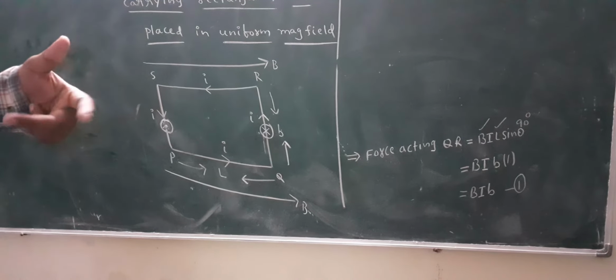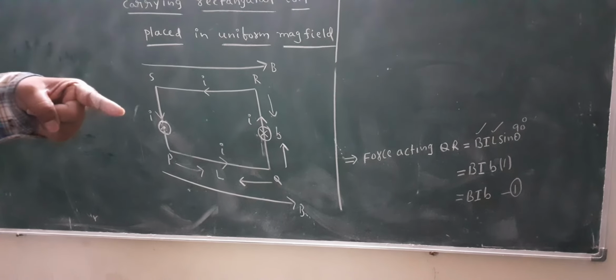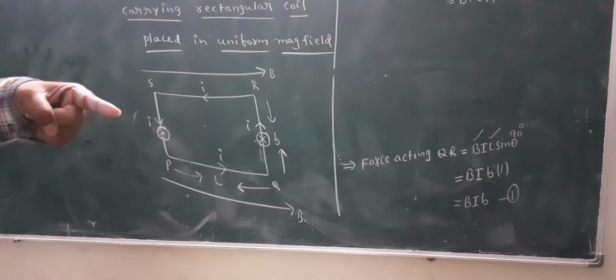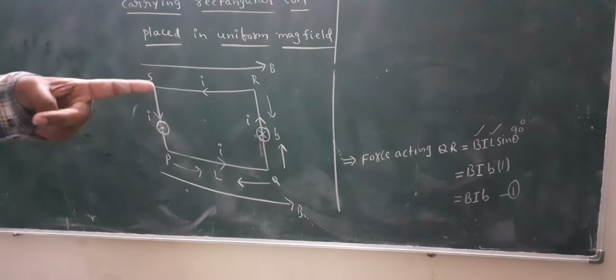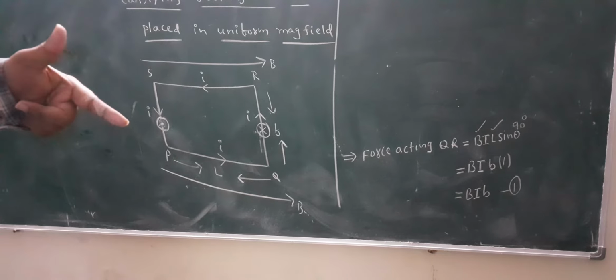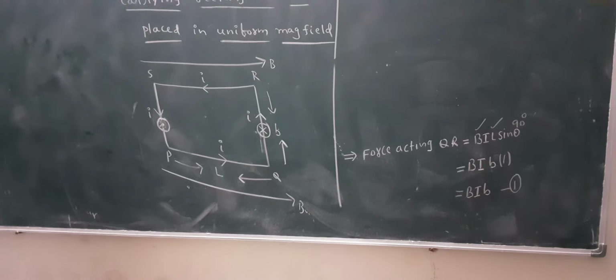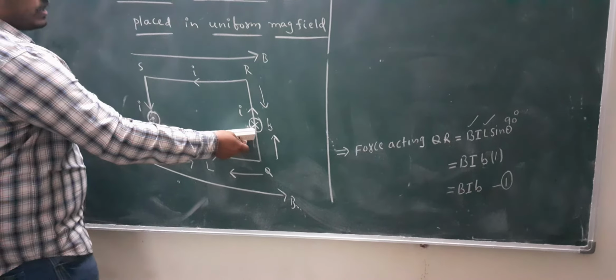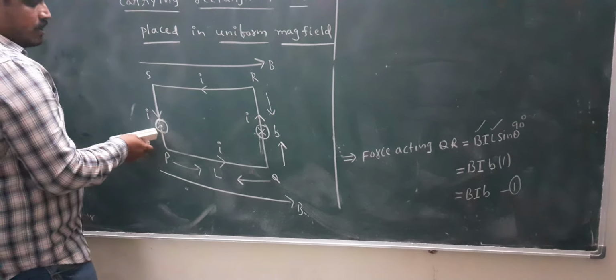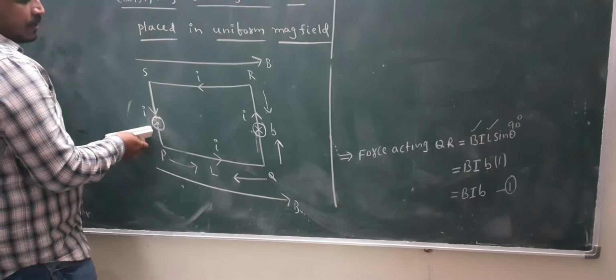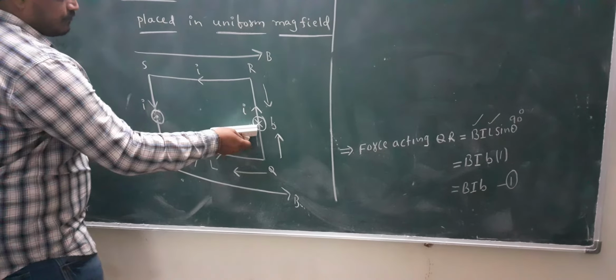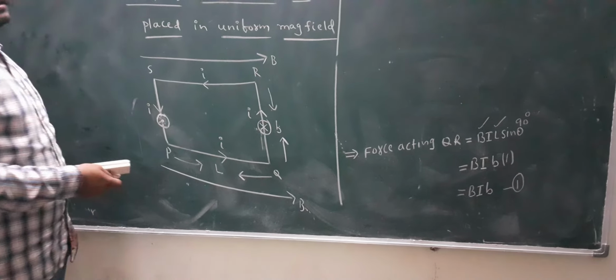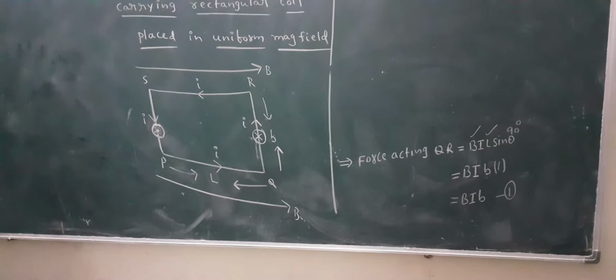According to this rule, the forefinger indicates magnetic field, the central finger current, the thumb the direction of force. Here force acts inward, here force acts outward. Simply, these forces act in opposite directions.